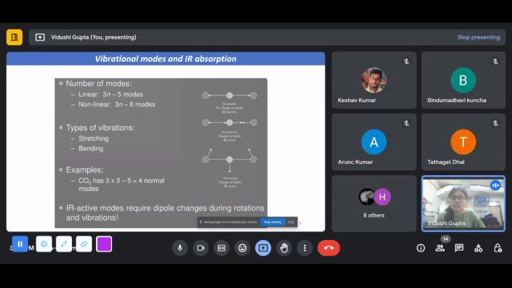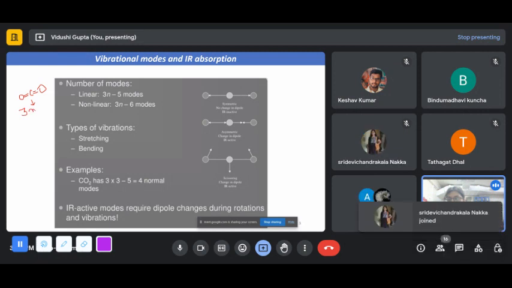So how do we calculate the number of modes in IR spectroscopy? Suppose your molecule is a linear molecule. Let us take the example of CO2, as CO2 is a linear molecule. For a linear molecule, we can calculate the number of modes by the formula 3n minus 5, where n is the number of atoms.